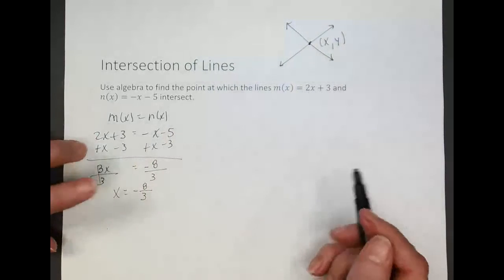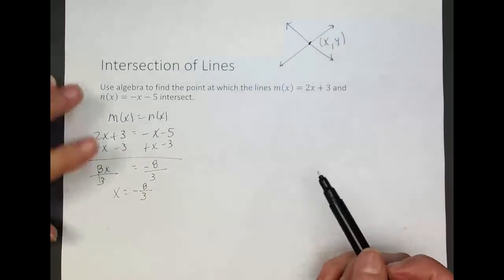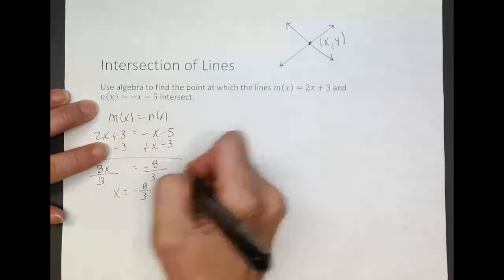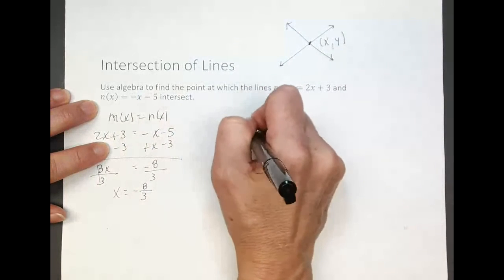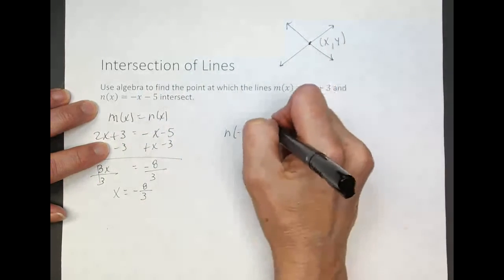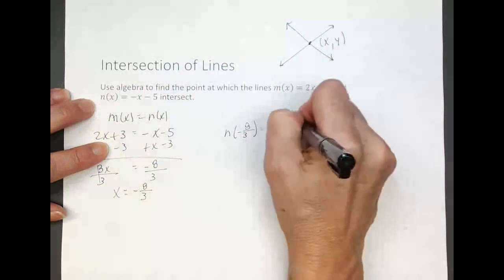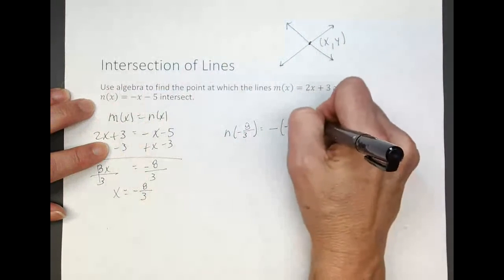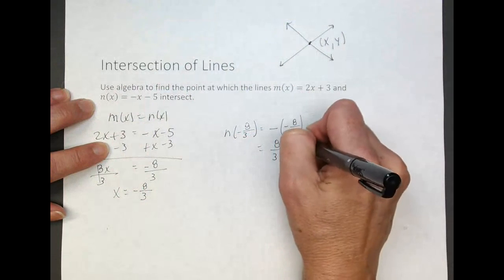It doesn't matter, none of them are going to work well. Let's use the n of x. Let's find n of negative 8/3. n of negative 8/3 is going to be negative times negative 8/3 minus 5, or 8/3 minus 5.